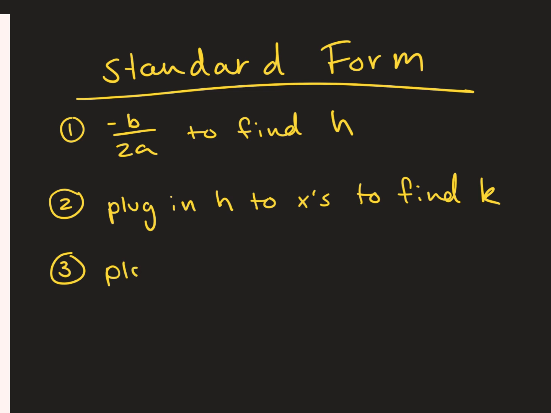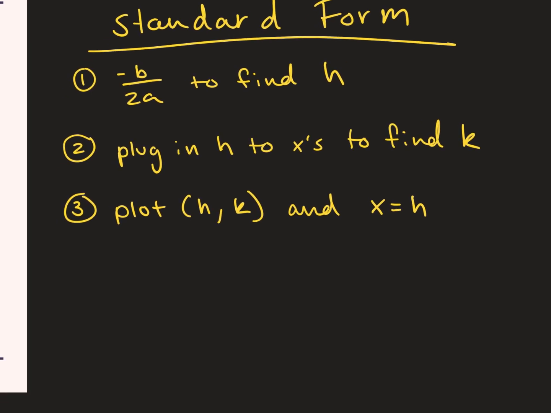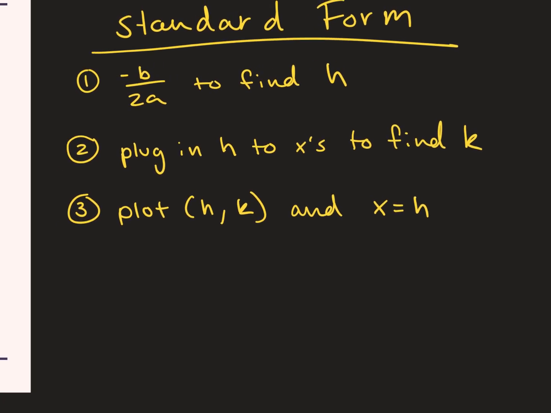Step 3 is we're going to plot the vertex, which is h comma k, and our axis of symmetry, which is x is equal to h. Step 4 is that we need another point, so we're going to plot the y-intercept, which is c.